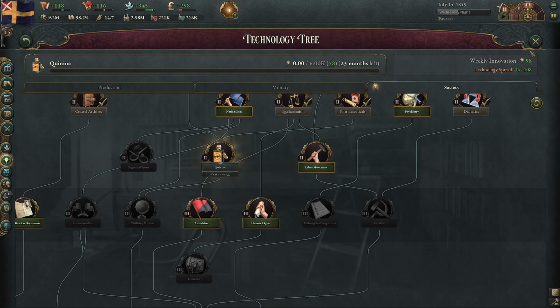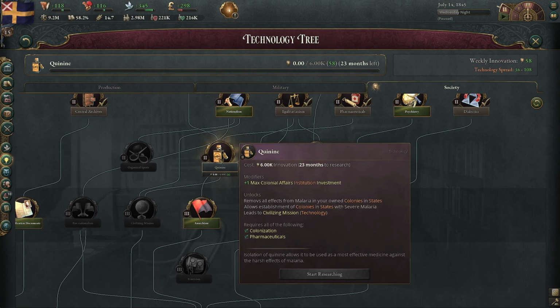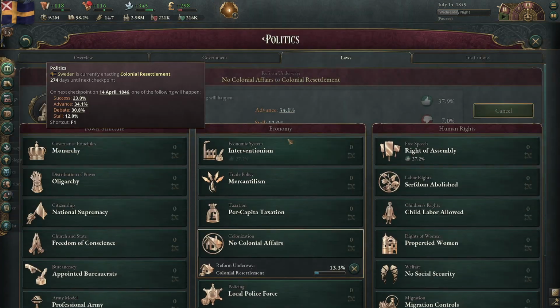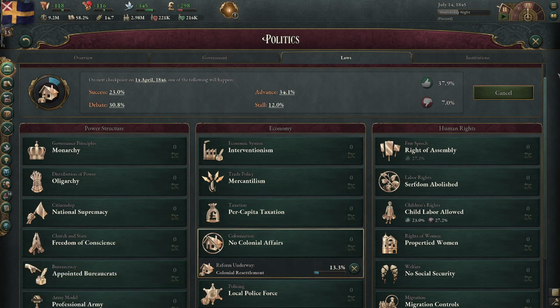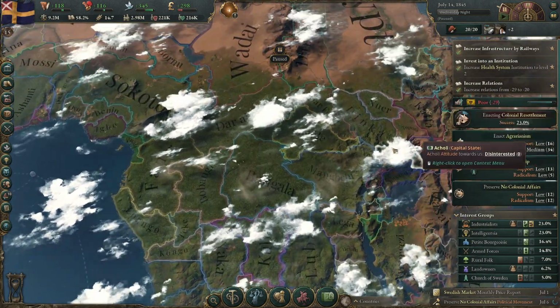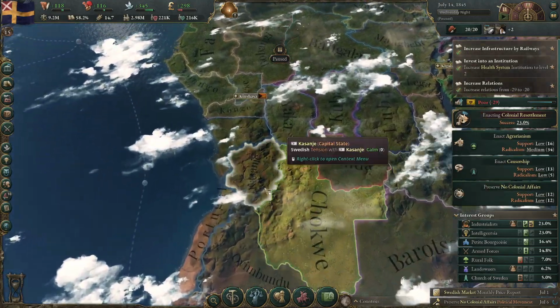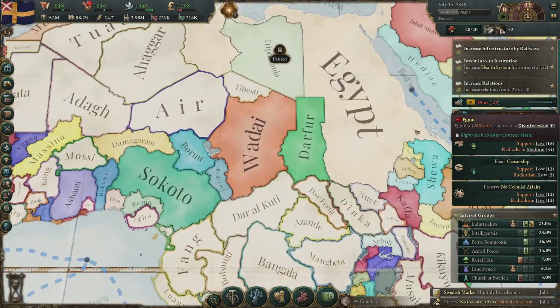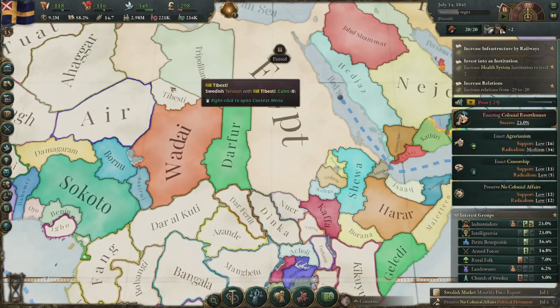I don't think I've ever seen severe malaria, but we need that to fit with the law on reforming colonial affairs. Otherwise it's just not going to work. And if we could get a colony down in this area, maybe Fang or something like that, it'd be really good.